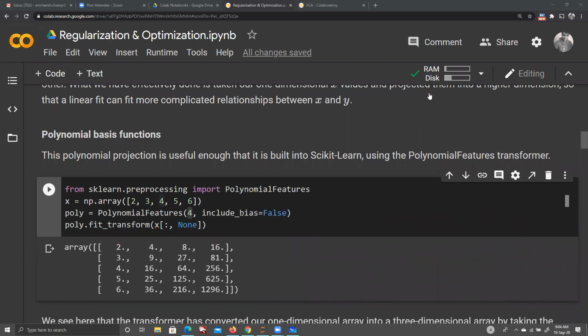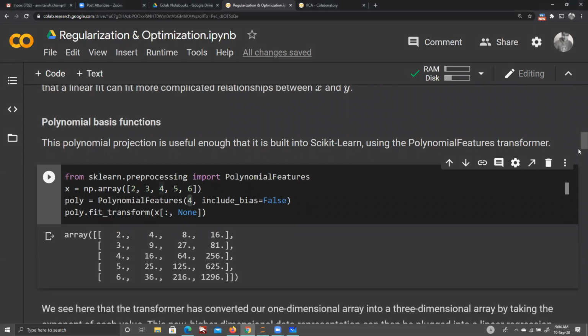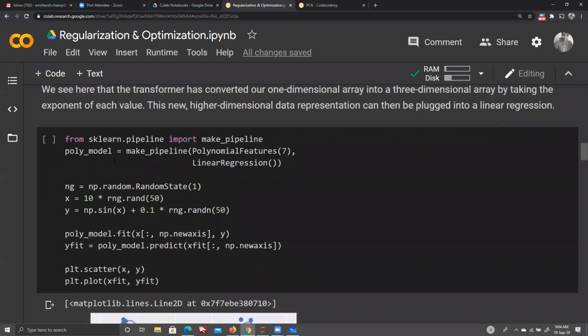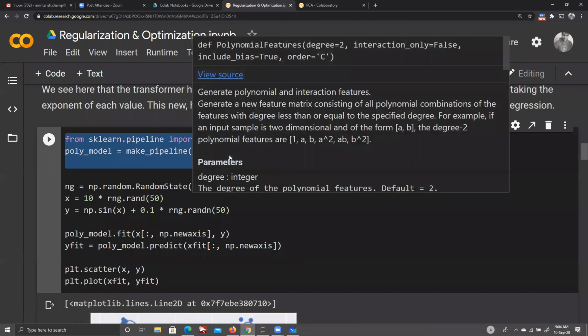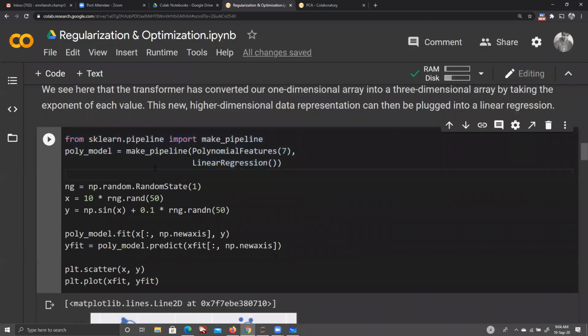Basically, it has to be done in 2 steps. First, you convert your data into higher order through polynomial features, and then you run your simple linear regression. So you make a pipeline. It's a very simple thing. This pipeline is a perfect representation of a polynomial regression. Can you see that?